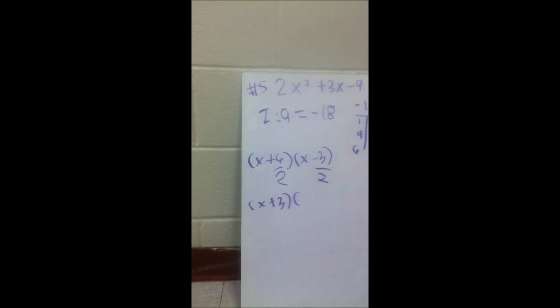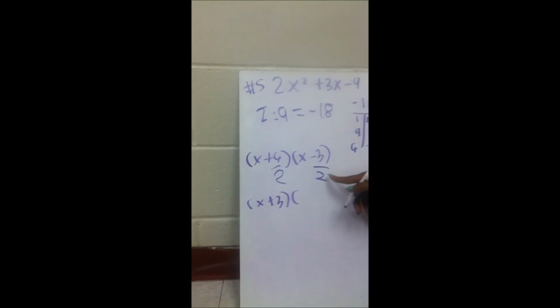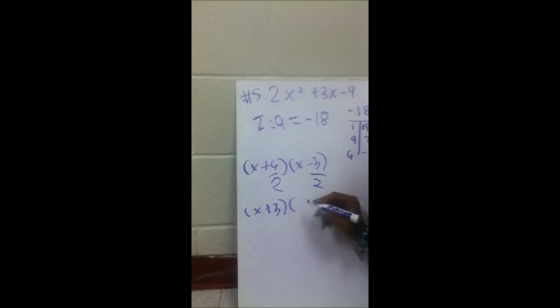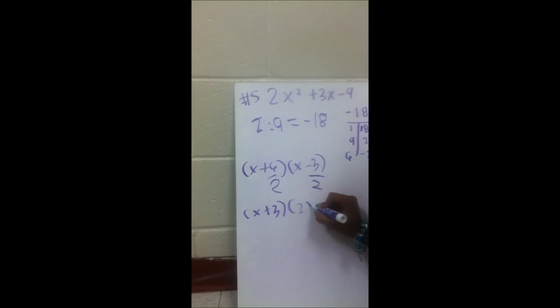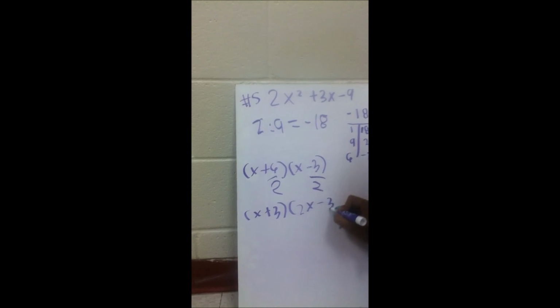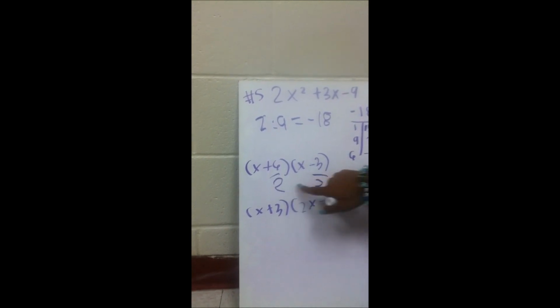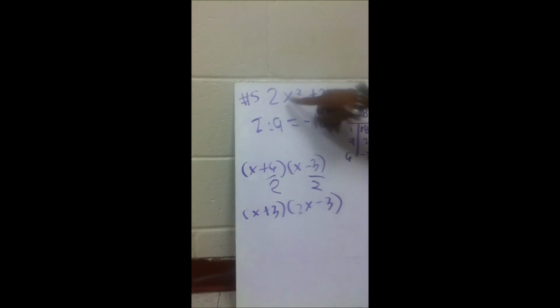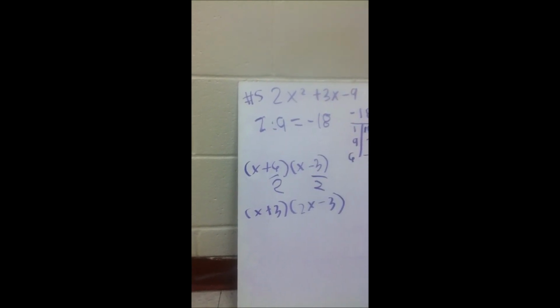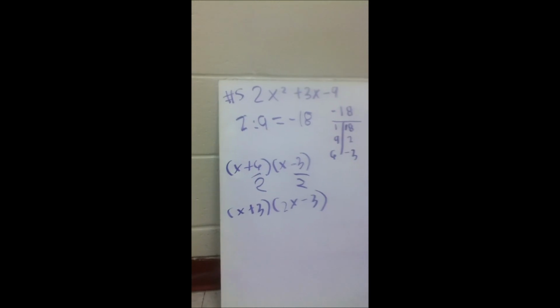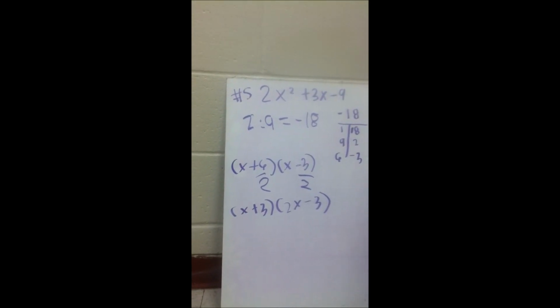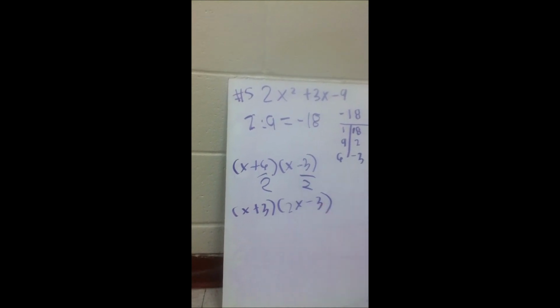And then because the other is a mixed number, you want to bring that 2 over to the x. So then you want to write that out as 2x minus 3. And the reason why you put A under this is because A is not 1. So anything that isn't 1 goes under the thing. So yeah, and then that's your answer.